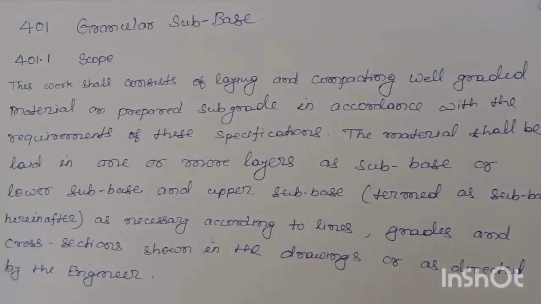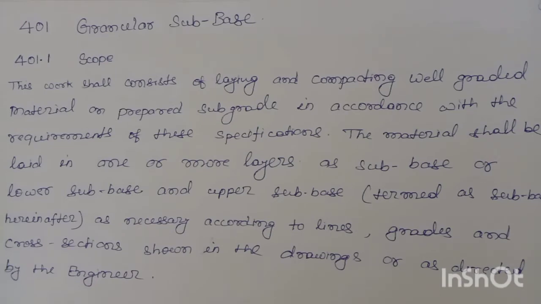Now we are going to learn 401 Granular sub base. 401.1 Scope. This work shall consist of laying and compacting well-graded material on prepared subgrade in accordance with the requirements of this specification.